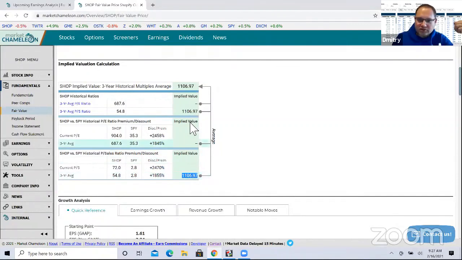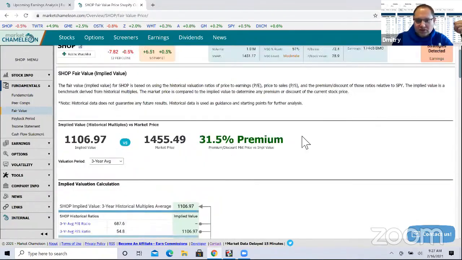If we revert to that, we're here. If we use those averages right now, we're at a 31.5% premium. In other words, currently the traders are giving it a higher multiple, a higher valuation than average. So at least here they're looking a little more optimistic heading into this earnings than usual.